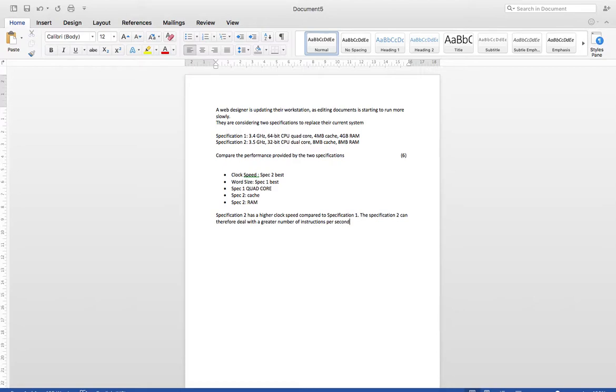Now, instructions is a great word to really show that you understand the underlying principles of how the computer deals with one instruction at a time, and it can do millions of them per second, a ridiculously high number. So therefore, tasks and processes are completed quicker. And then we could give an example, e.g. editing files, saving files, whatever it happens to be, any task in the computer system is going to be quicker. I could maybe do better and relate that back to web design.